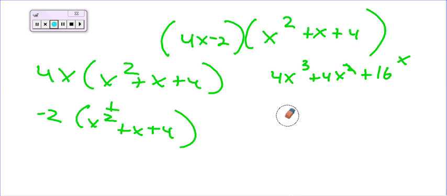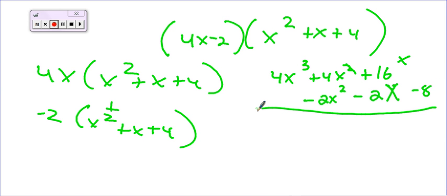Now the second term. Negative 2 times x squared? Negative 2x squared. Let's put them in order. Negative 2 times x? Negative 2x.